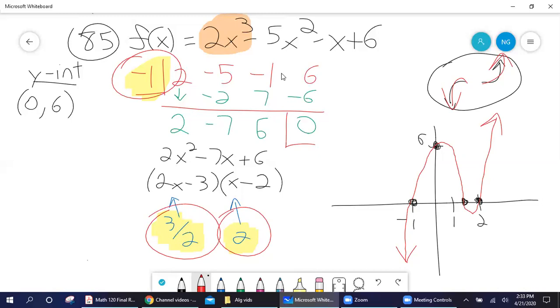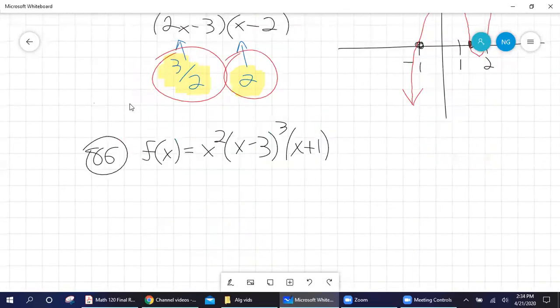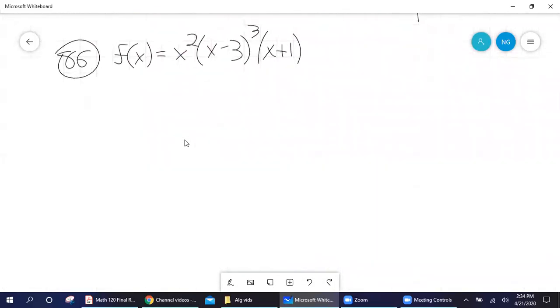For number 86, this is basically asking the same question, except this time the polynomial has already been factored for me, so I don't have to go through all that.